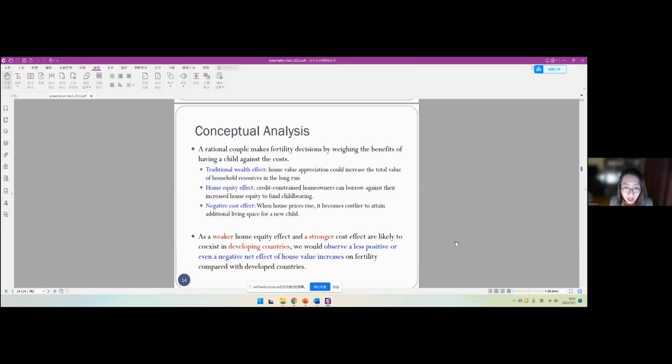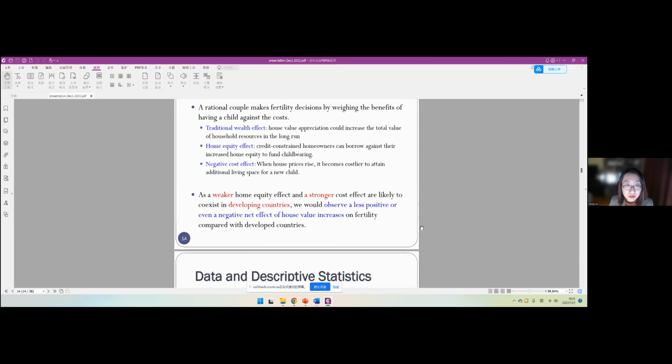Therefore, we expect to observe a less positive or even a negative net effect of house value increases on fertility in developing countries compared to developed countries.